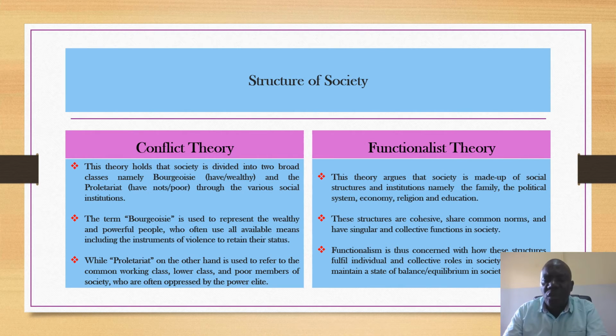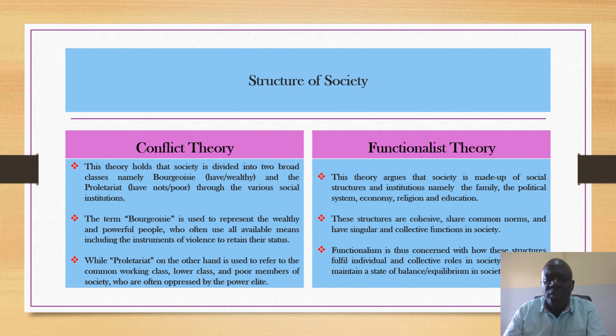Again, functionalism looks at these structures in terms of the roles they play in maintaining order and making society progress, while conflict theory understands these structures in terms of perpetuating the domination or the divide between the bourgeoisie and the proletariat.